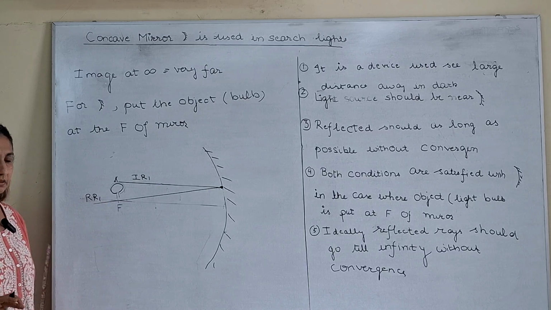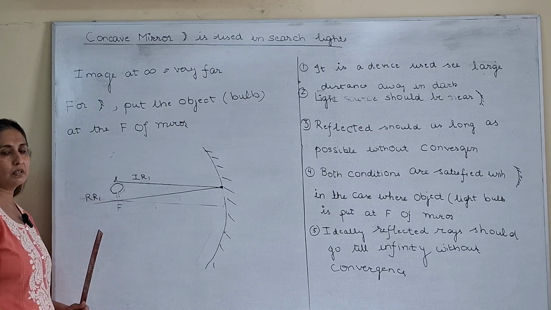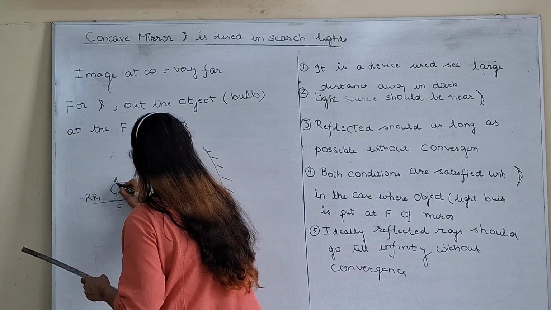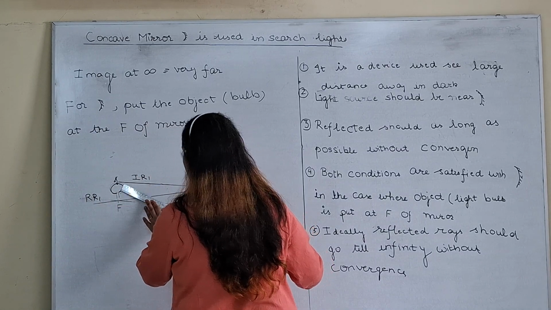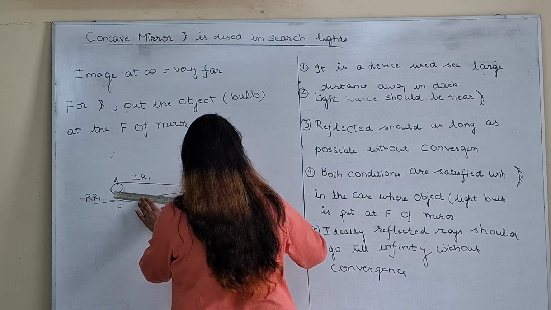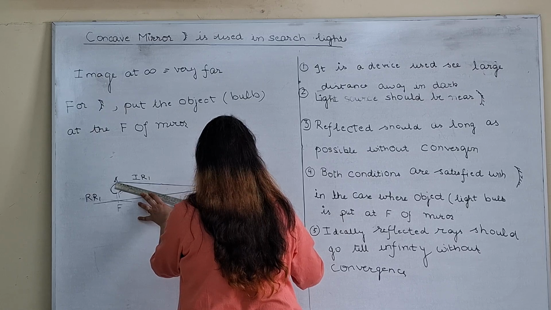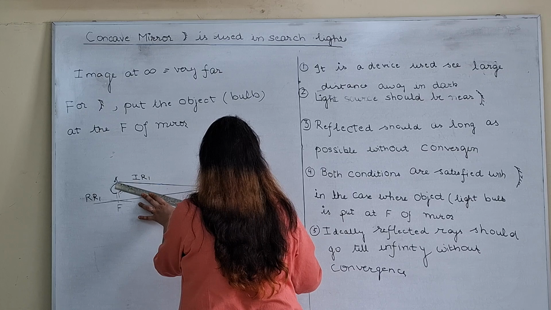All good? Now we need one more ray to form the image. Okay, so from the same point, we'll put a light ray at the pole. You can use any of the rules, but I am taking the simplest one that I think is simple.